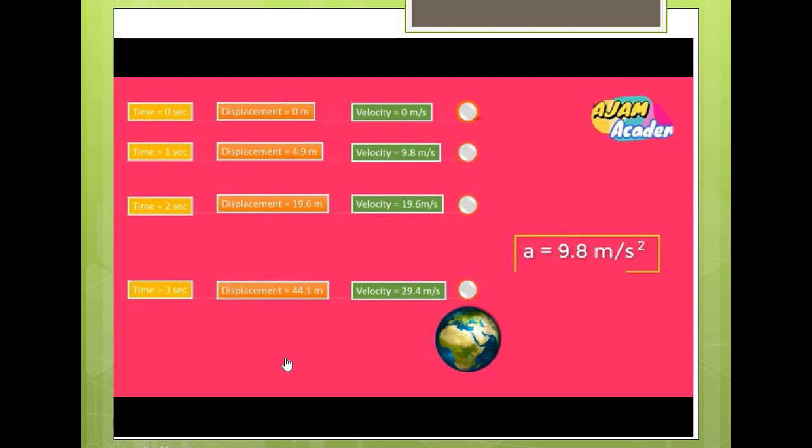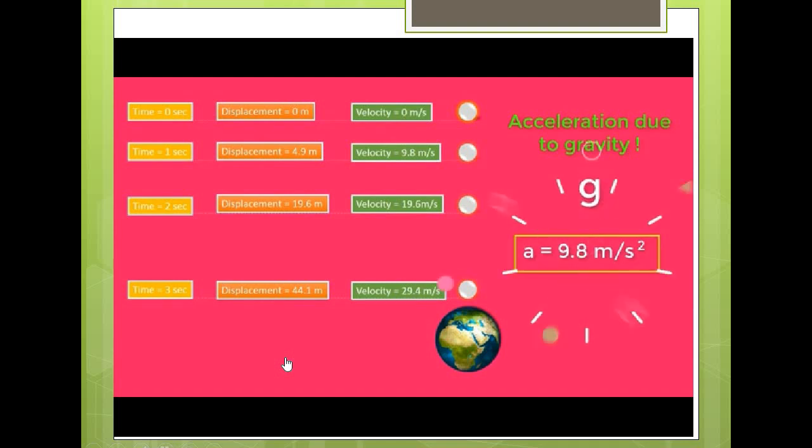In physics, this constant acceleration of free fall is known as the acceleration due to gravity. It is denoted by small g. Whenever you see g anywhere in physics, remember that it is acceleration due to gravity, and its value is 9.8 meter per second square. This is true in both cases, if a body falls down towards Earth or if it goes in the upward direction.